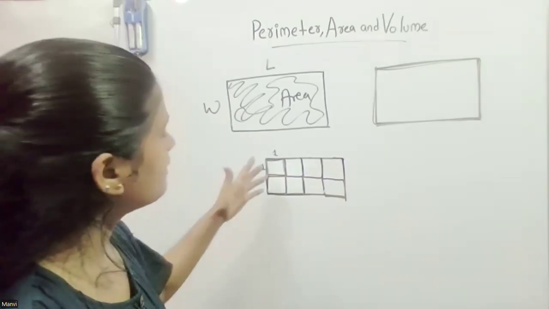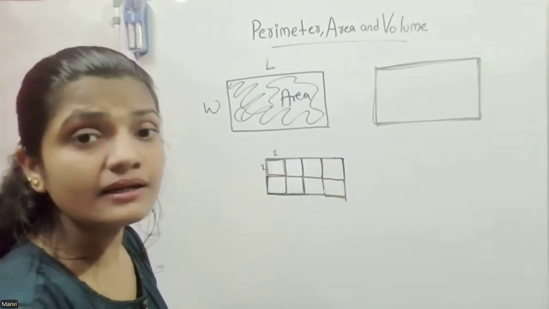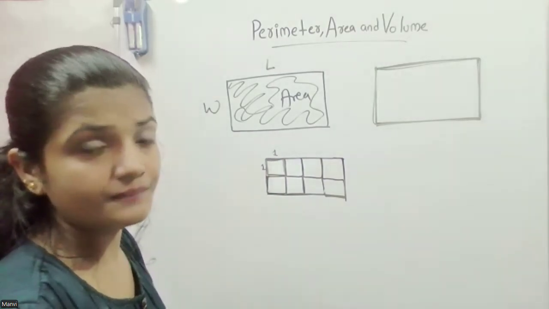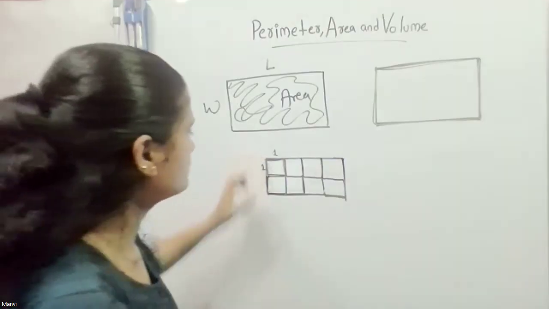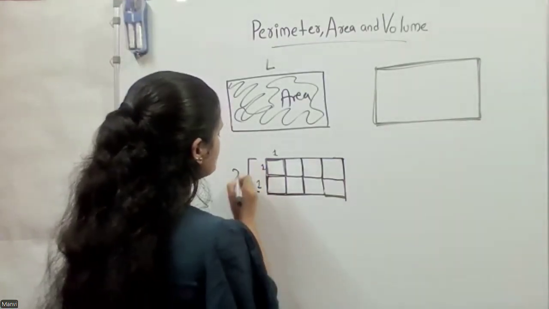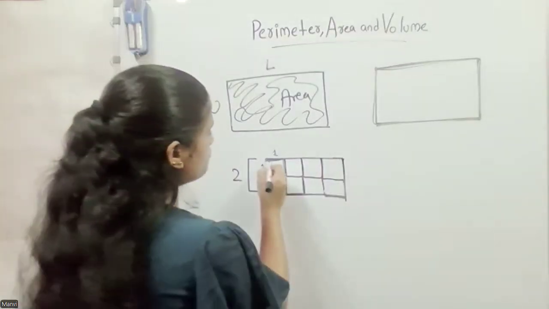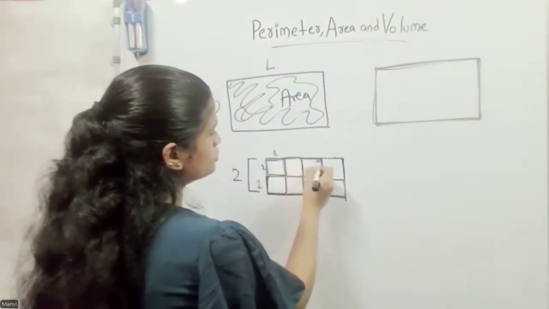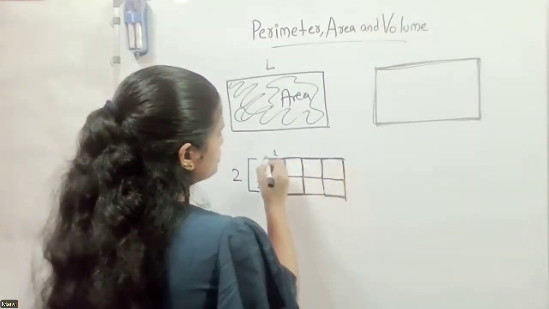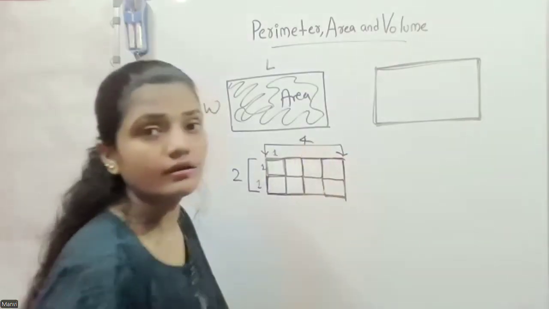So instead of adding multiple times, we can simply multiply. If this is 1, that is also 1, so the total length from here to there is 2. If this is 1, that is 1, 2, 3, and this is 4. The total length is actually 4.